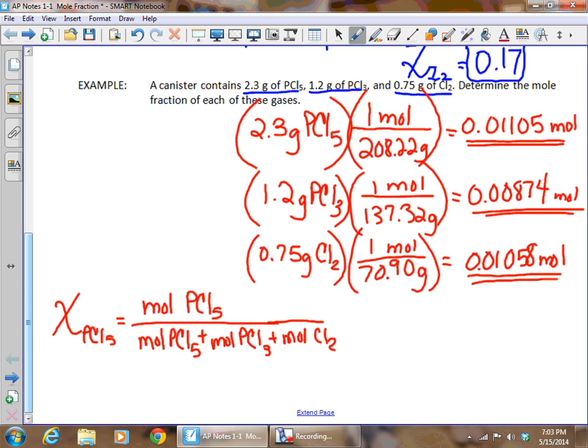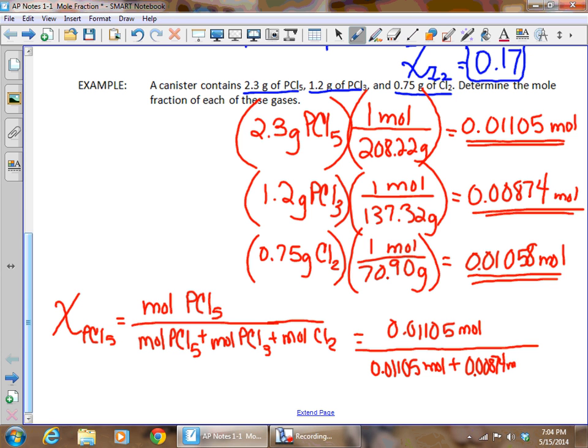As it shows up there, we have a value for moles of PCl5 of 0.01105 moles. And on the bottom we have 0.01105 moles plus 0.00874 moles, and 0.01058 moles. Made it.